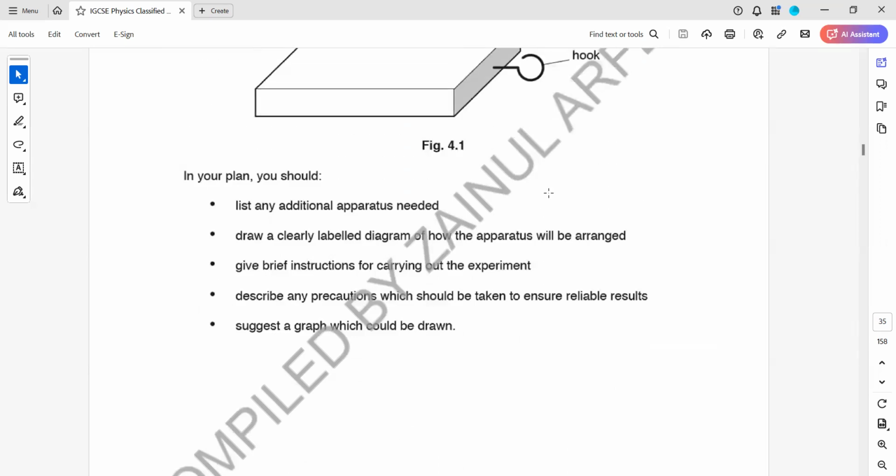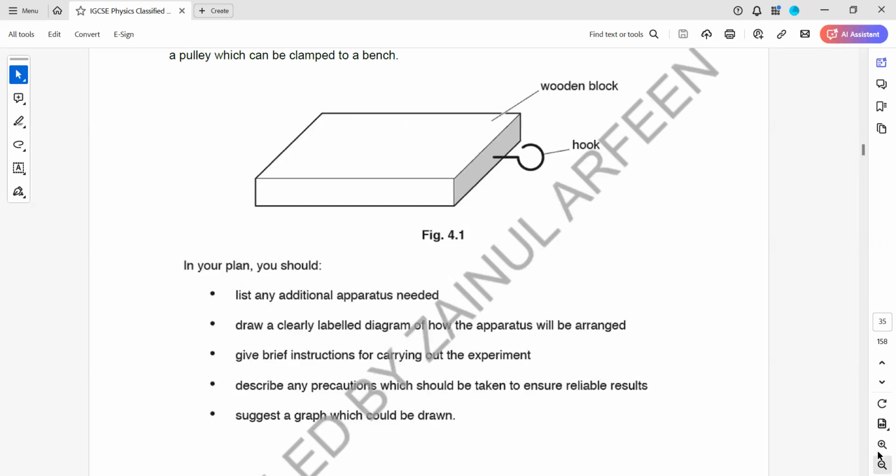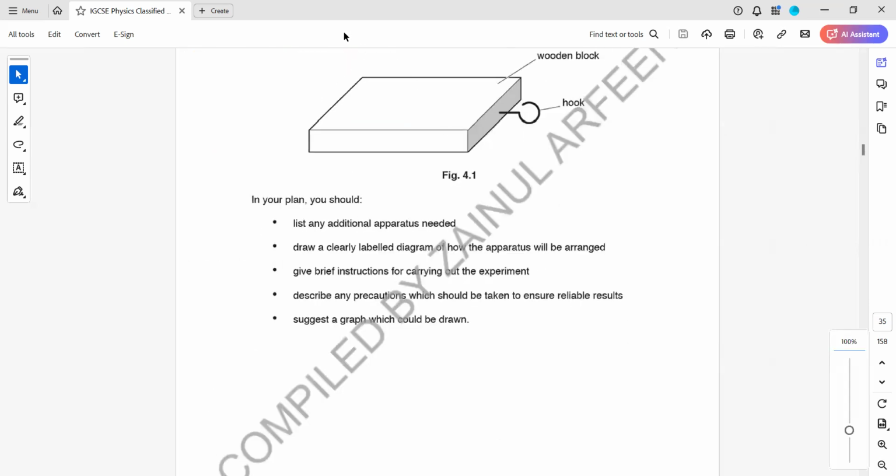Give a brief instruction to carry out the experiment. So how to do this experiment? First thing we'll mention, because after the drawing, first we'll mention, we'll attach or connect the hook, the pulley with a set of loads, or we can measure.